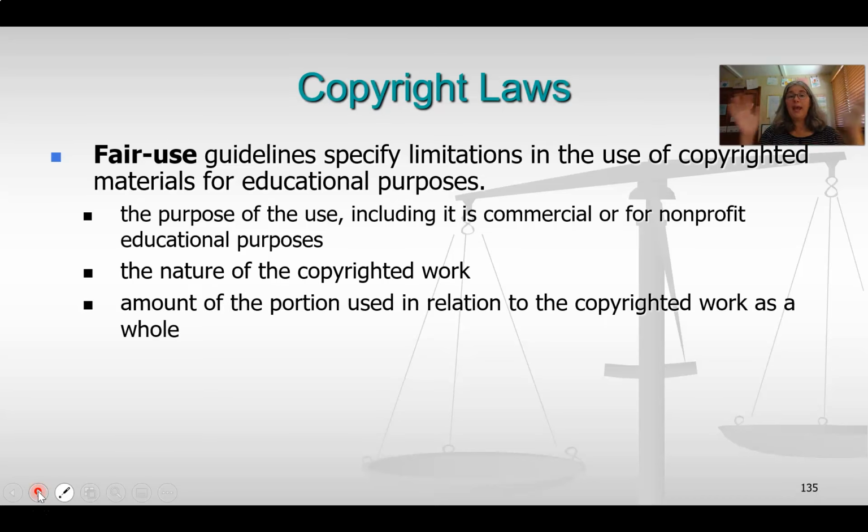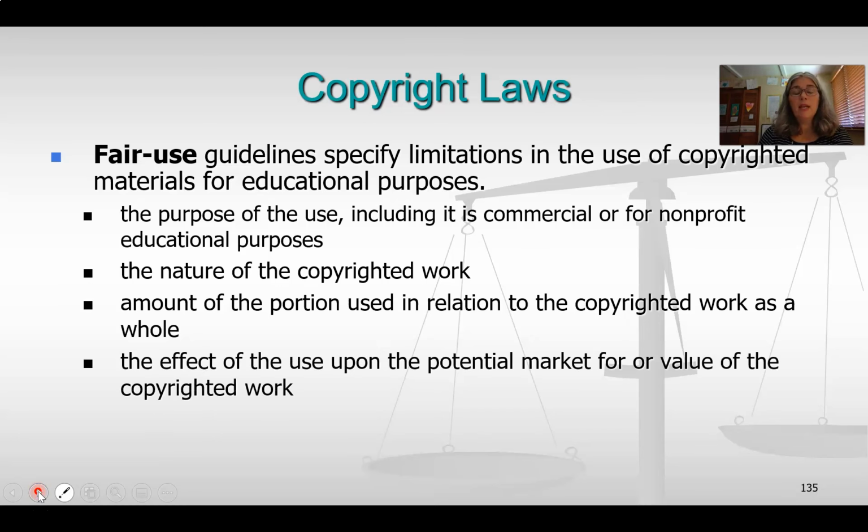It also depends on how much of the work you are using. Now, I've heard that 25% is acceptable. I've heard 35% is acceptable, but still the idea that if I'm going to take a book and make copies of it to give to my students, I can't copy the entire book. I can only give them a portion of that book.